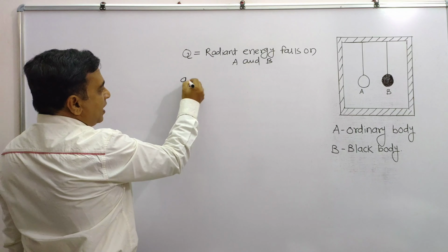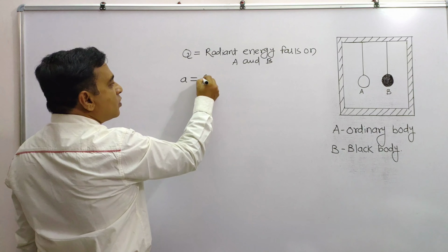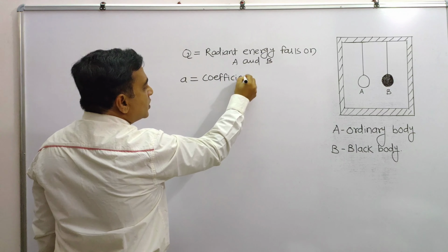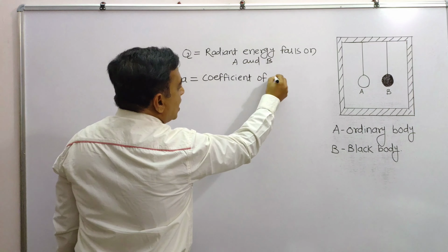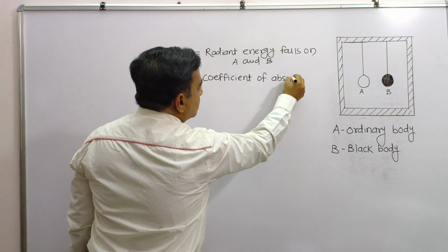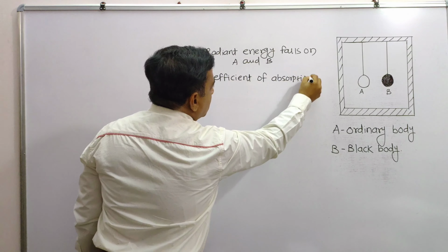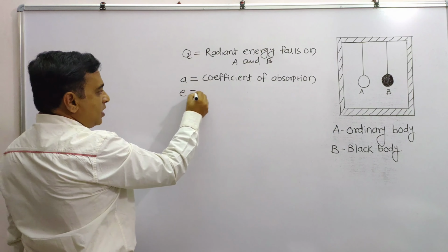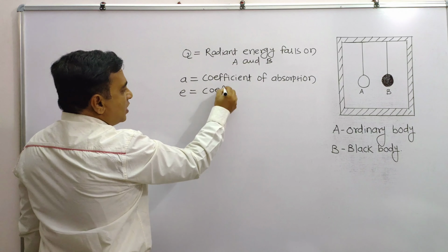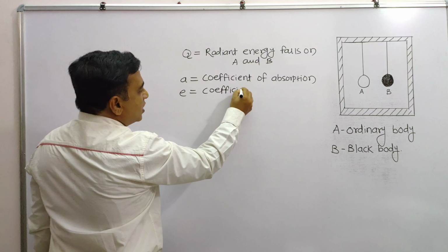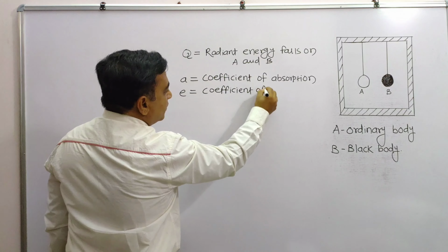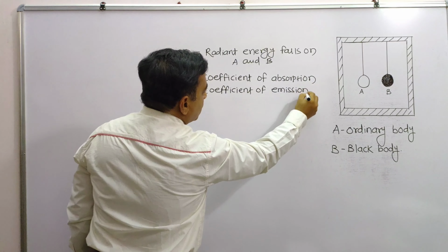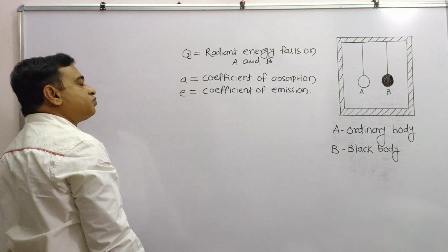Let A be the coefficient of absorption, and E the coefficient of emission. This is the coefficient of emission.